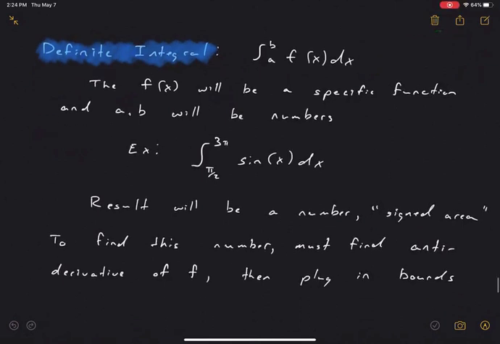What is the result of this integral going to be? It's going to be a number, and that number is going to be the signed area. Maybe it's a positive area, a negative area, maybe it's 0. We call that a signed area. And to find this number, we need to find the antiderivative of our function and then plug our bounds into our antiderivative.